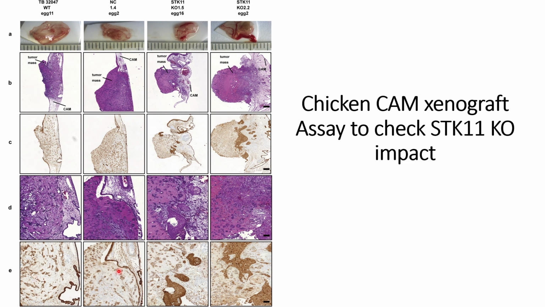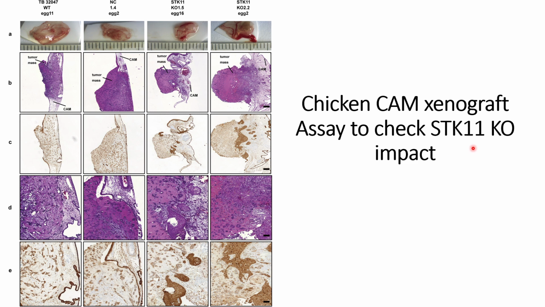So this indicates from the in vivo studies also that pancreatic cancer cells which do not have STK11 will have more migration properties compared to the pancreatic cancer cells that have STK11.